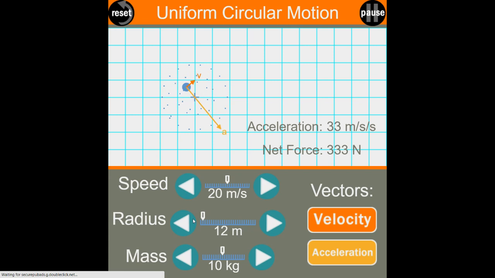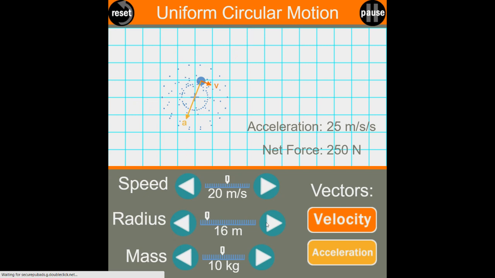What is going on with the acceleration as the radius gets smaller? We were originally at a radius of 30. As the radius decreases, what happens to the acceleration?